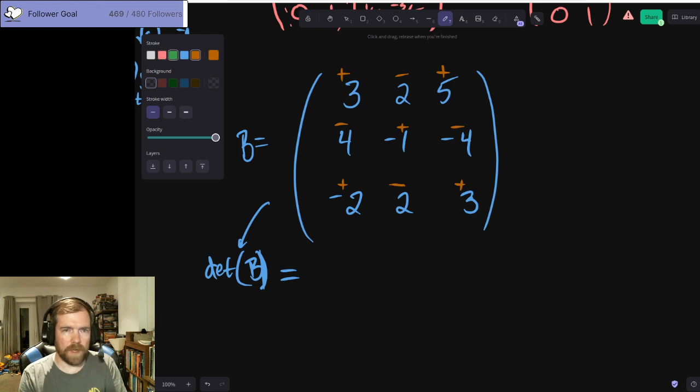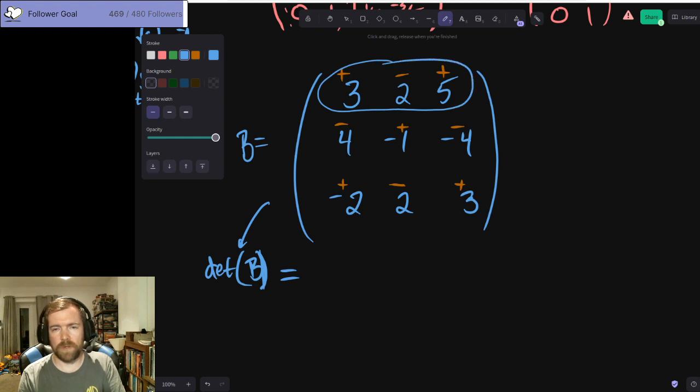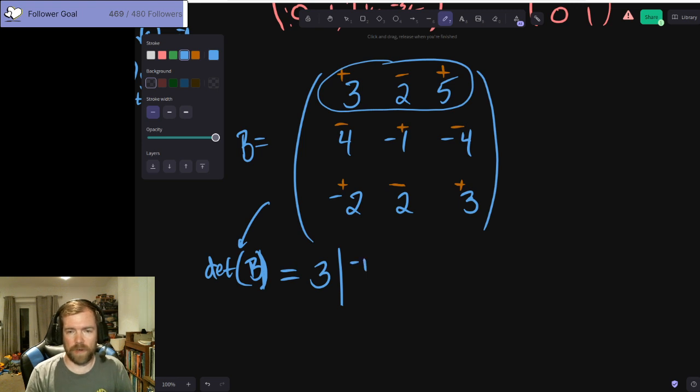And you say, okay, what we're going to do is pick a row or a column. Completely up to you. Does not matter which one you do. We're going to do 3 times the determinant of the 2x2 matrix that's left over if you were to get rid of this row and this column. Again, our 3 is going to be sort of the pivot point on this.